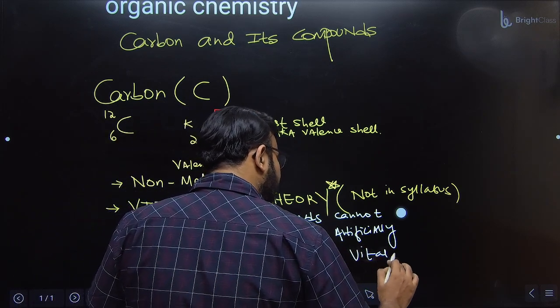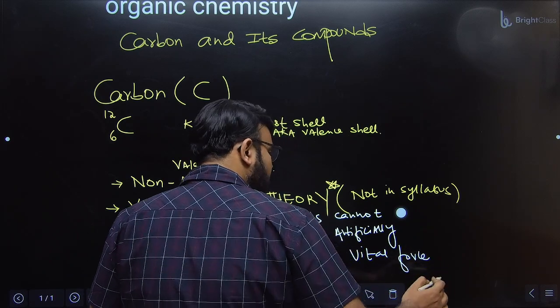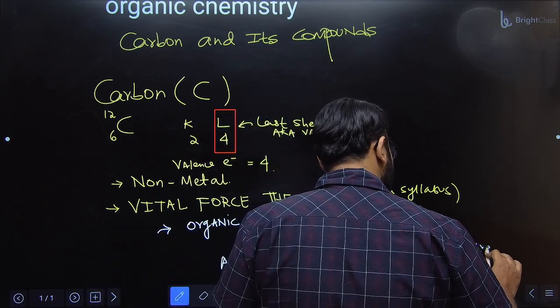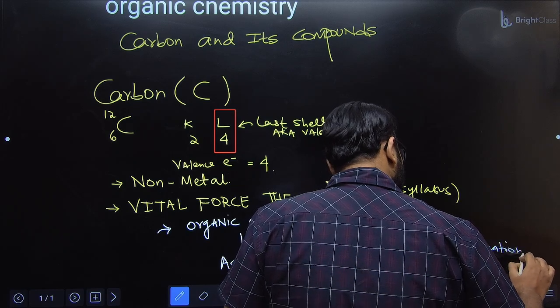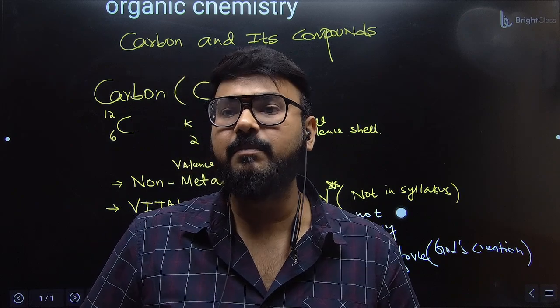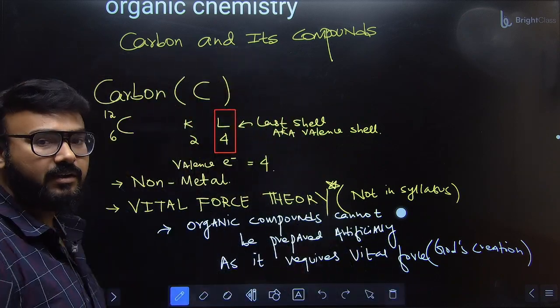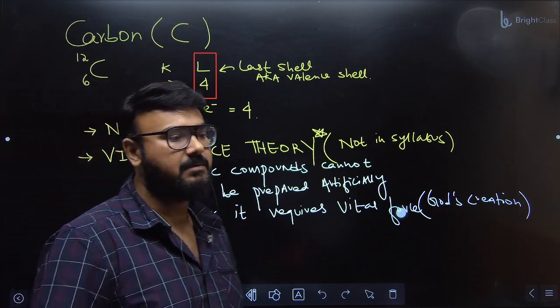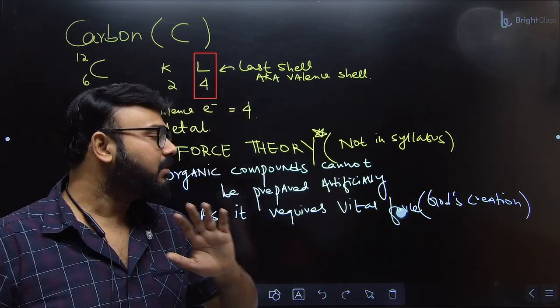What do you mean by vital force? God's creation. It means scientists were believing in superpowers. Irony. Science never believes in that, but earlier it was believed something like that.